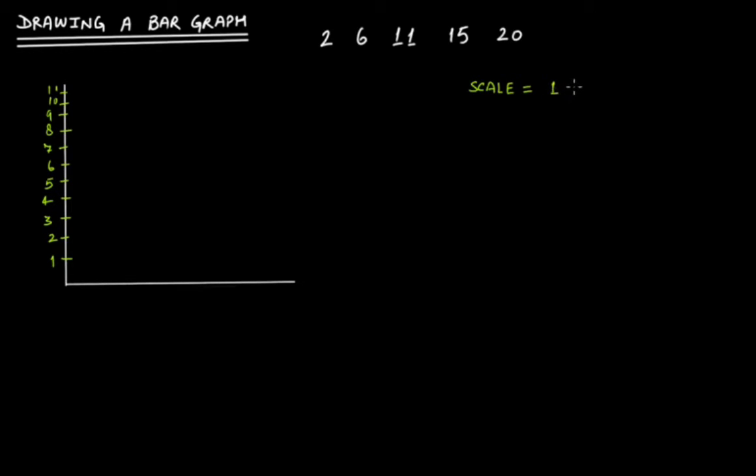I'm not focusing on the unit; it can be meter, centimeter, whatever. Just focus on the numbers. So the scale would be 1 unit length. Each unit length will be 1. So then we can plot 2 here, 6 can come here, 11 comes here, then 15, and then 20, and so on.